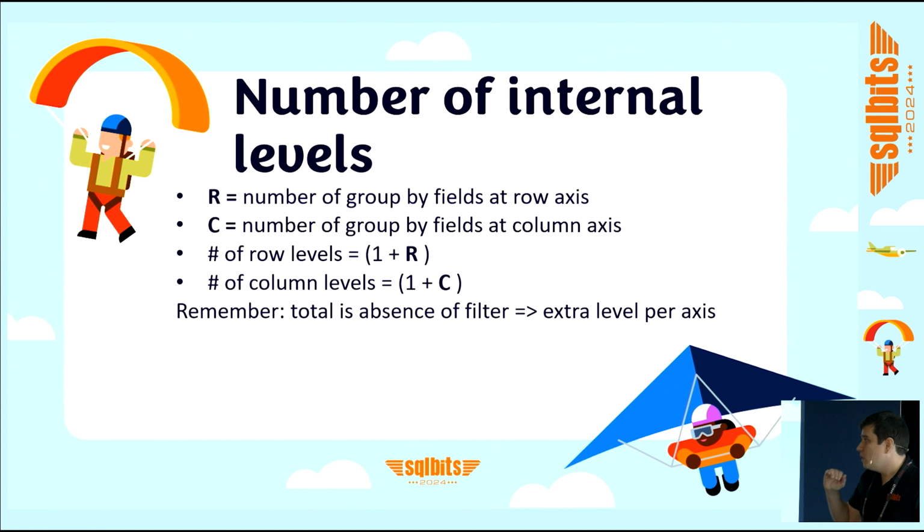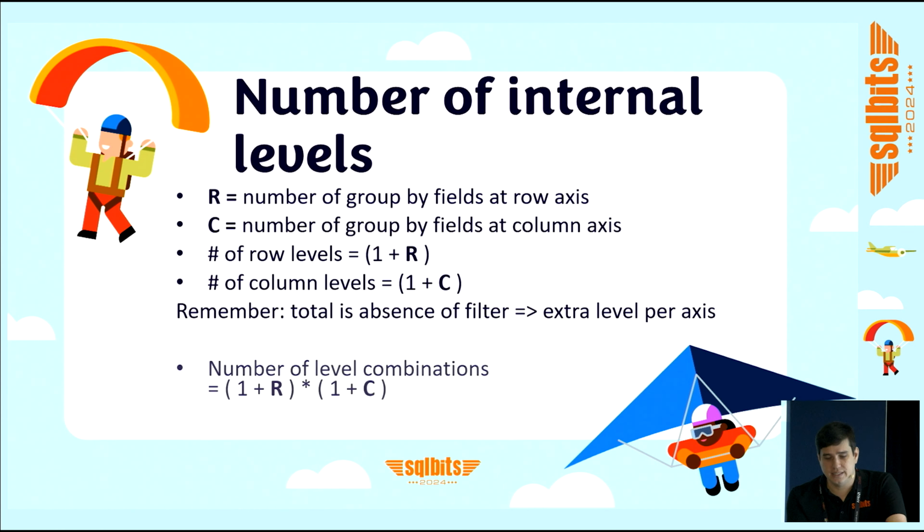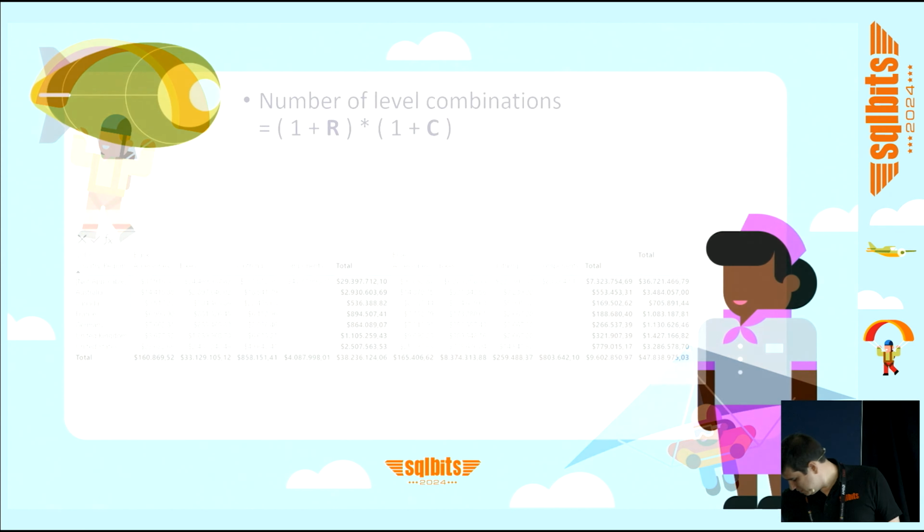And remember, why do I have this plus 1? Because I can put in a visual matrix, for example, only things on the rows, nothing on the columns, but I still see numbers. It is the total part. The total is the absence of filter in that level. So we have that extra level per axis. The number of total combinations of levels is the product of the number of levels per axis, rows and columns.